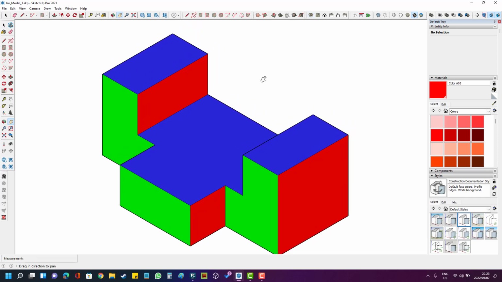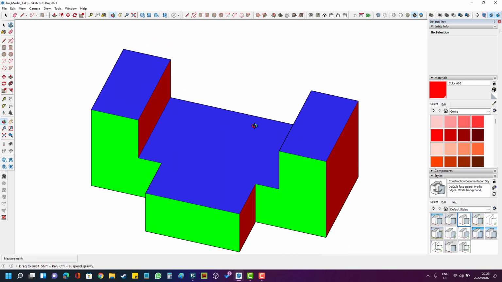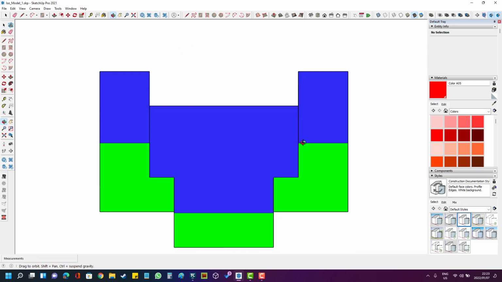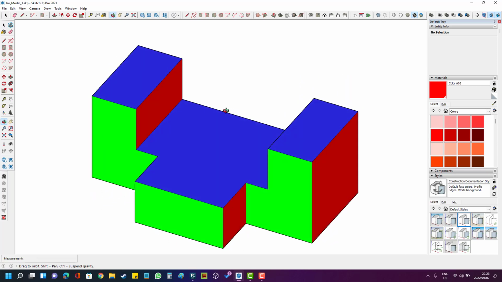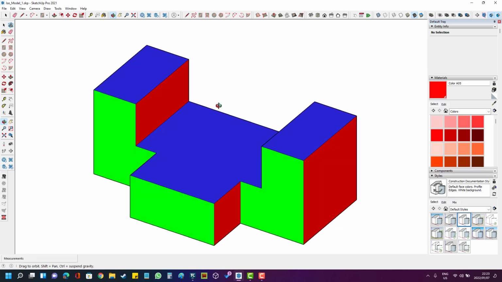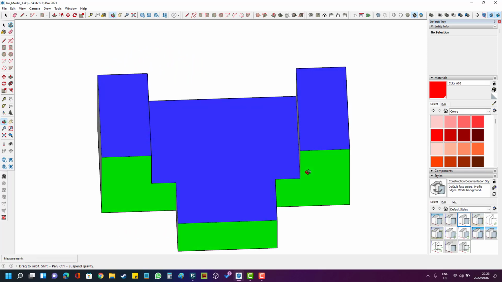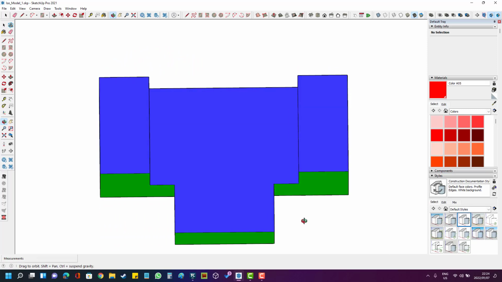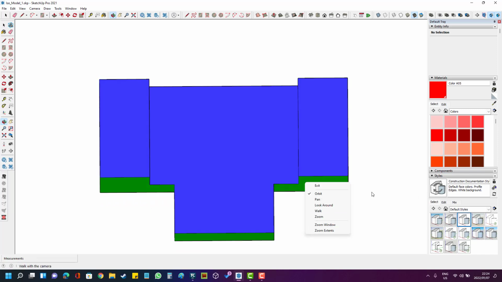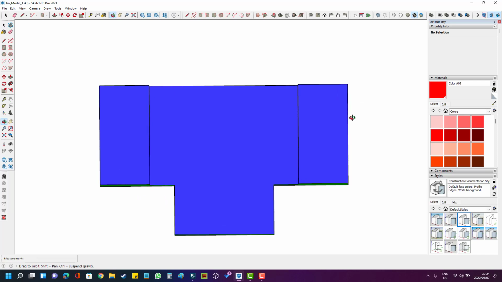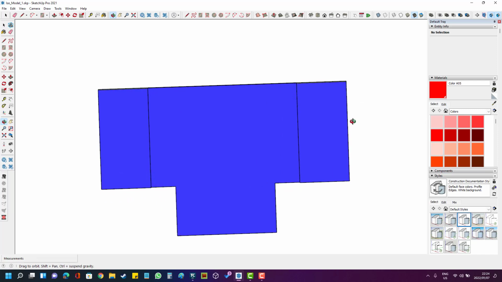If we were to look at this model now in 2D from the top, we will swivel this top view so that we can see the top view straight down, and look closely. I first turned the model towards the front view, and then I tilted it 90 degrees down towards the front view, and that is how I will see my 2D orthographic view of the top view.